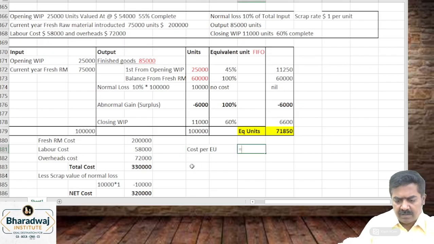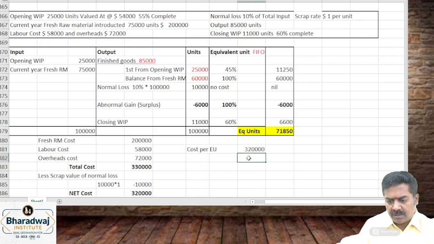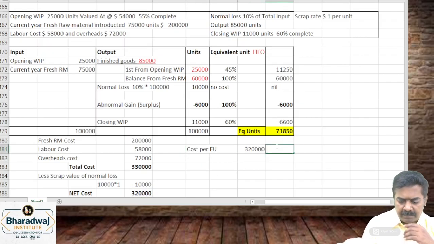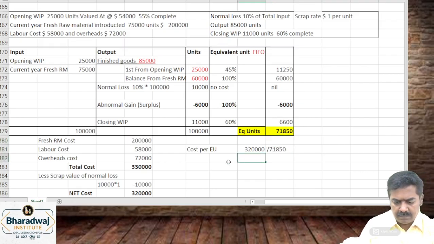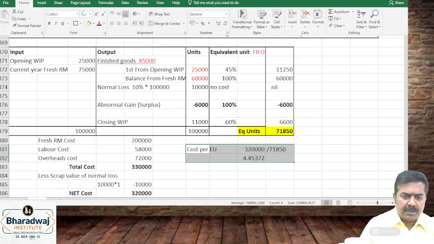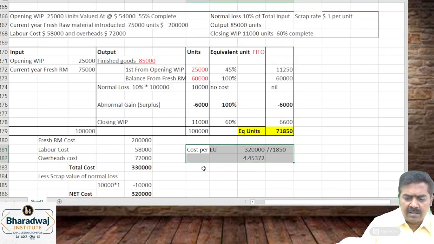Simple, 3,20,000 divided by 71,000. Based on this cost per equal unit, cost is assigned, that's it.